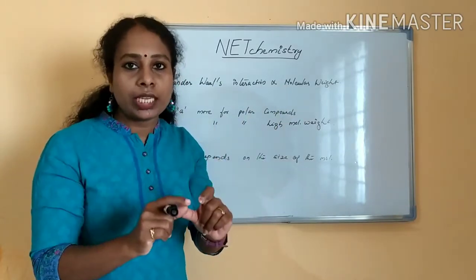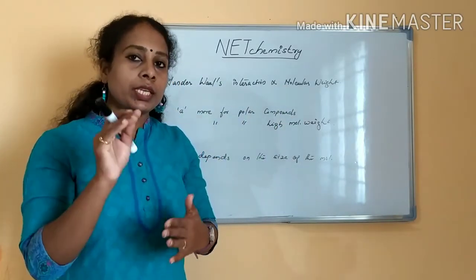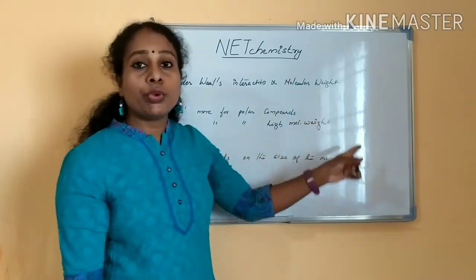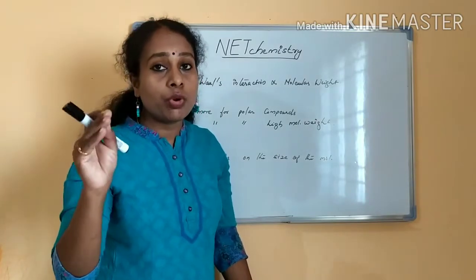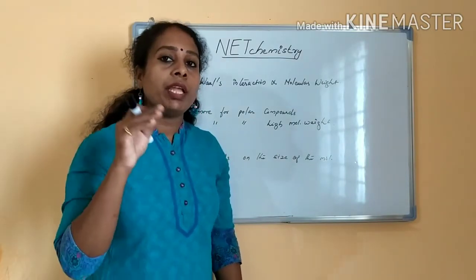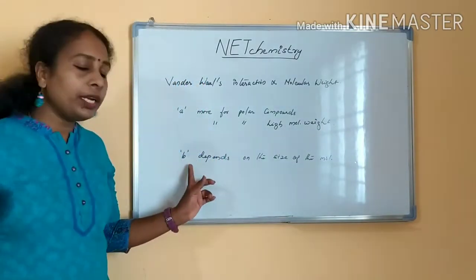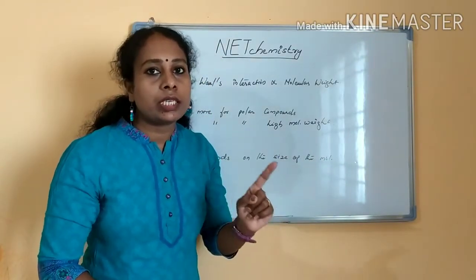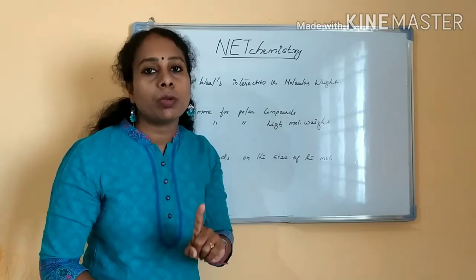The a value is very less because hydrogen and helium are lower molecular weight molecules, you know. But if you are taking a higher molecular weight, the a value will be high, okay, and b depends on the size of the molecule. Okay, is it clear? So van der Waals interaction is directly proportional to the molecular weight.